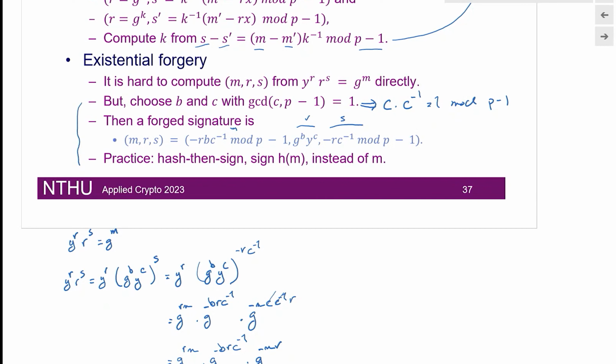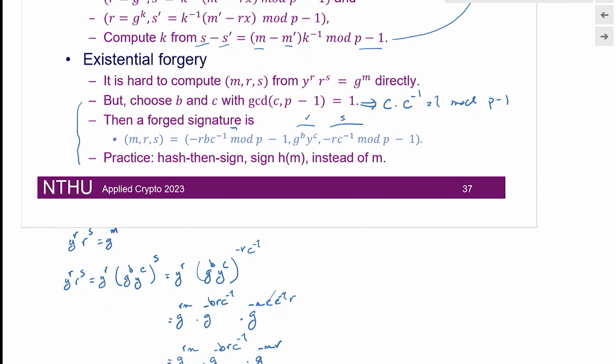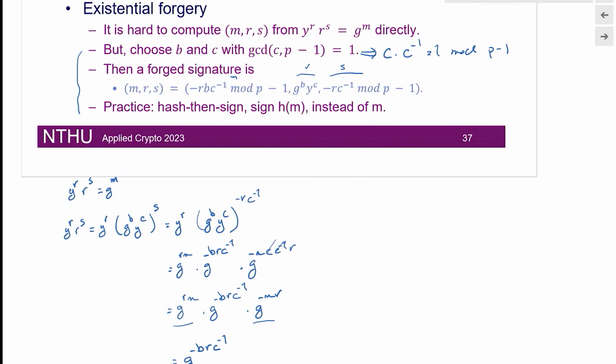So one of the ways that we can fix this in practice is to sign a hash of the message instead of just working with the message directly. So suppose that we compute the hash of the message before we go here.